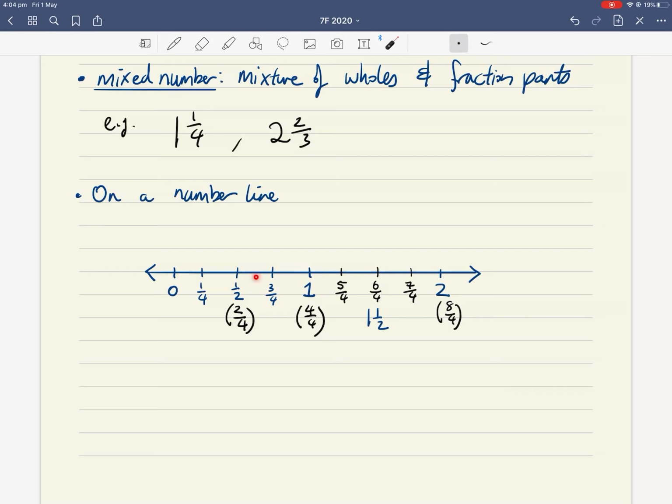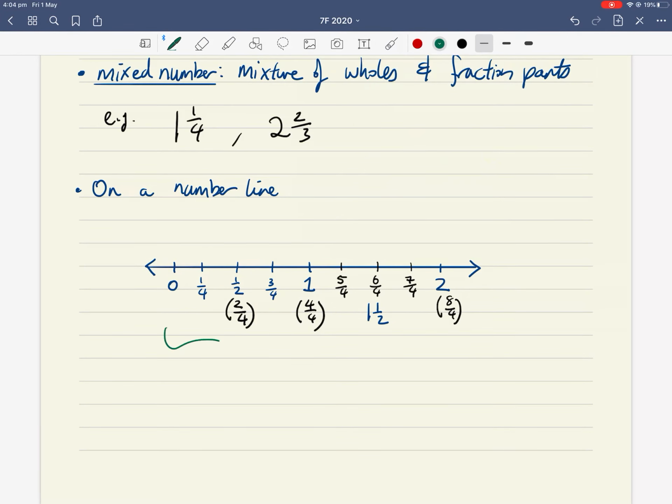So the number of sections you have between 0 and 1, the whole numbers, is the denominator. So we can make a note there. The number of sections between 0 and 1 is the denominator, because that's literally how many parts you've chopped your piece of string up into.